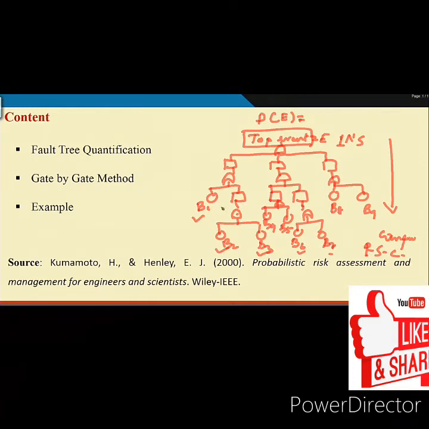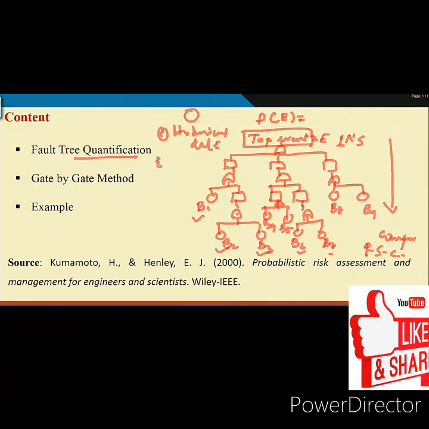So, what is required for fault tree quantification? In fault tree quantification, the first input is the qualitative fault tree. This qualitative fault tree links the top event to the bottom events or component level events. Then you need to know the component level probabilities or basic event probabilities. Basic event probabilities can be found from, number 1, historical data.